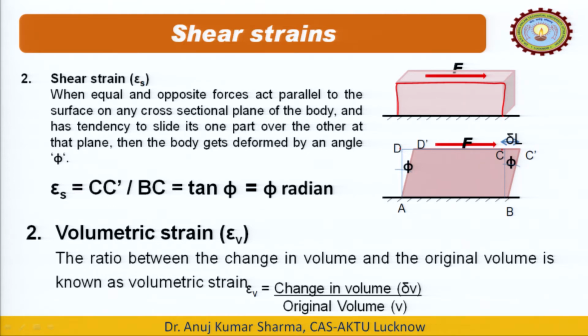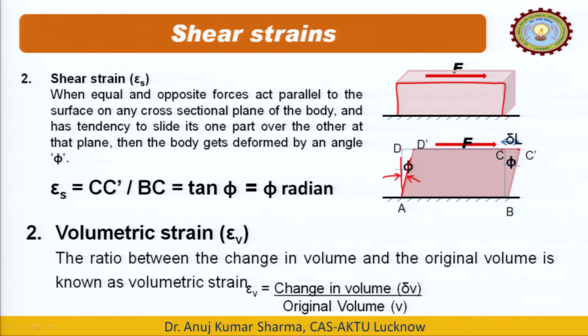When we applied some force, let us say force F, this plane changed: point D was shifted to D dash, point C was shifted to C dash, and some deformation happened to the object. If we measure that deformation in the form of an angle, it comes as phi. This is the shear deformation.